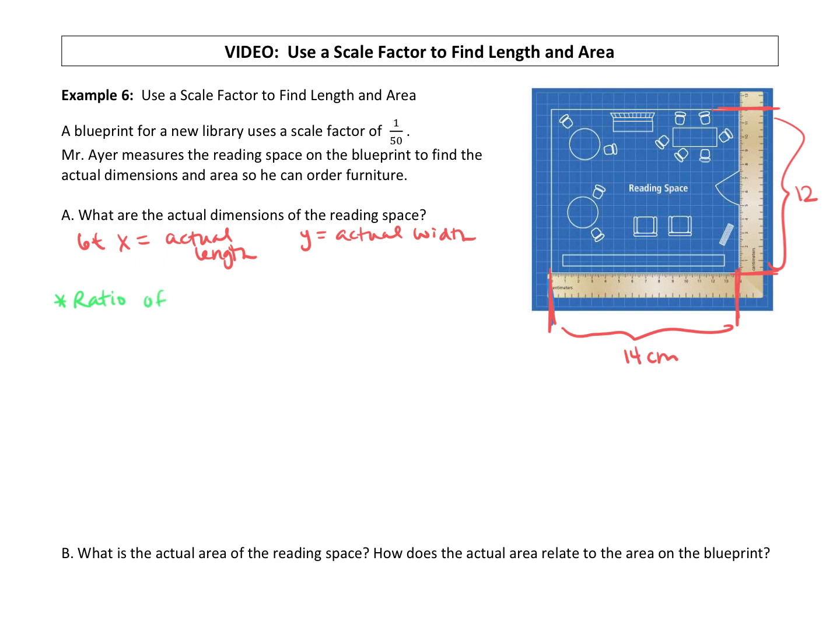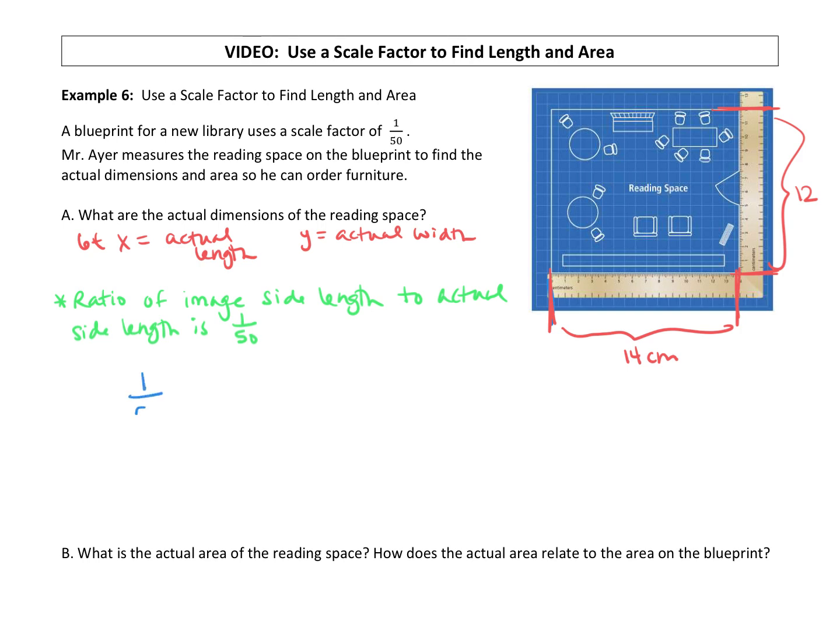The ratio of the image side length to the actual side length is 1 to 50. So we're going to work with that 1 to 50.